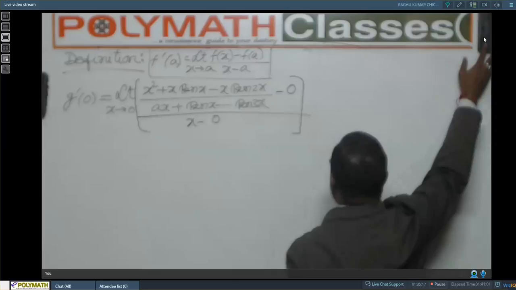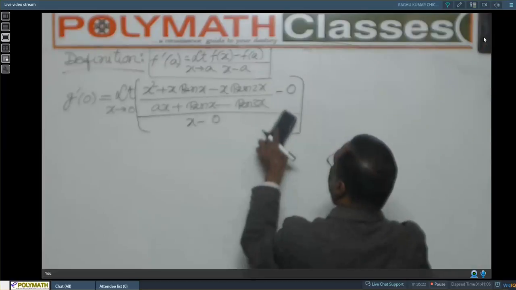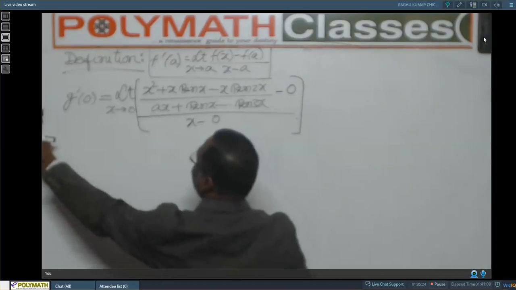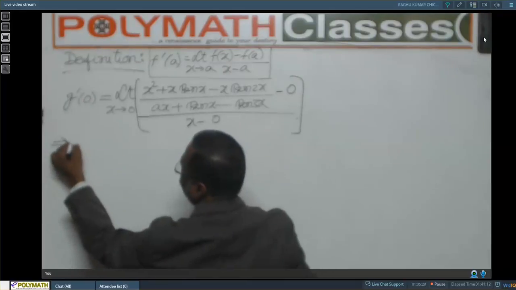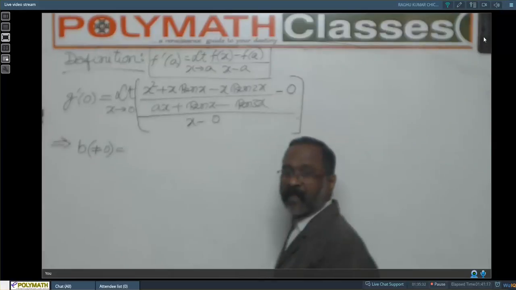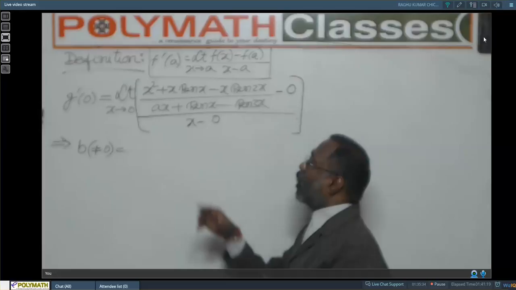This is the first principle we applied here. It is given that g dash 0 exists and is equal to b, and it is very clear that b is not equal to 0. Now let us solve this limit.